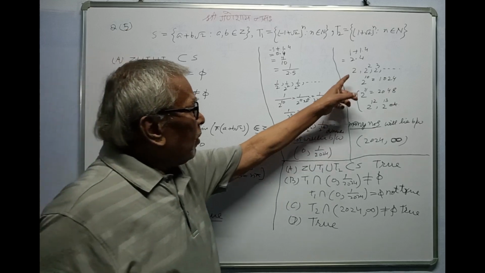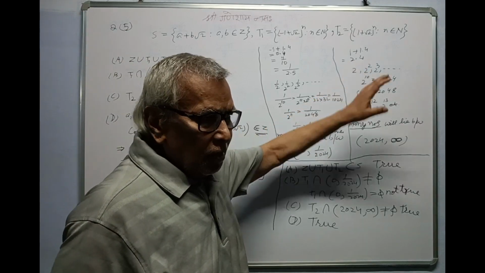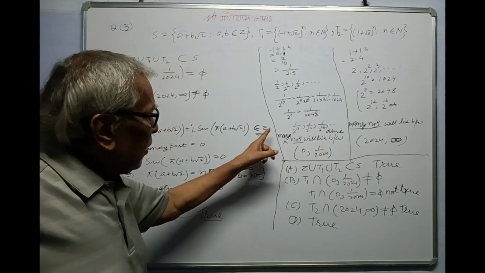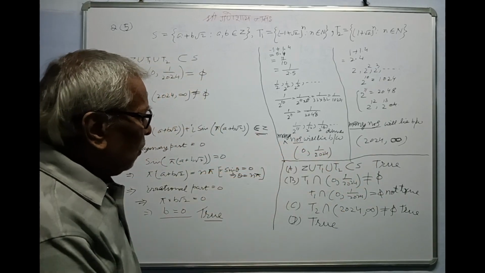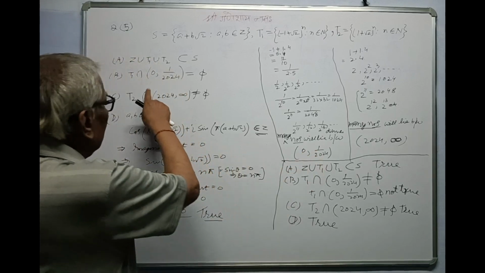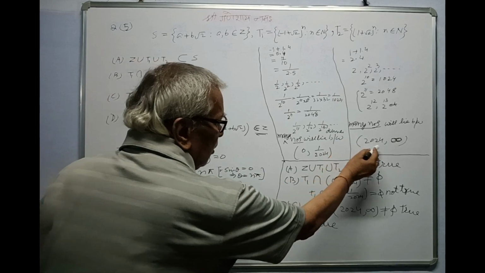I have taken 1 by 2 instead of 2.4 just to guess it. So many numbers will lie between these two, and many numbers lie between these two.